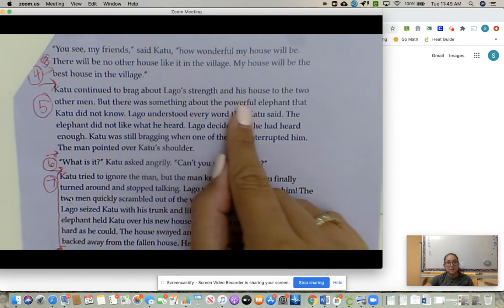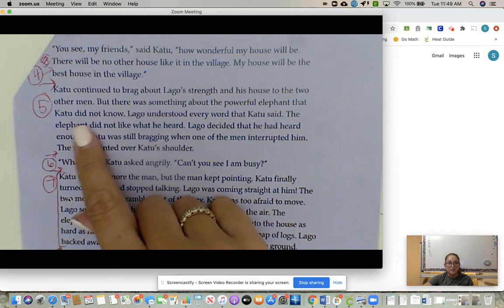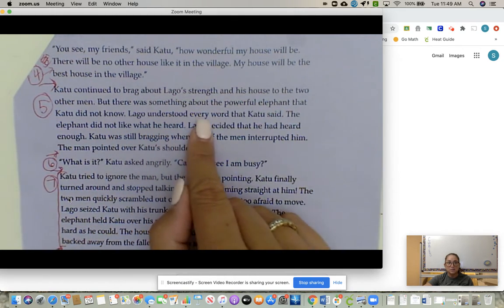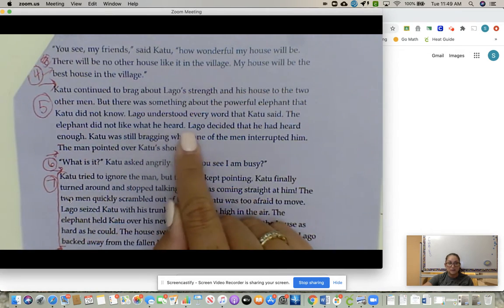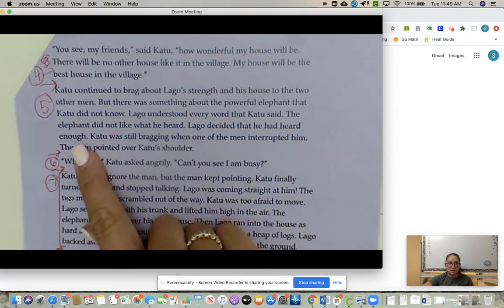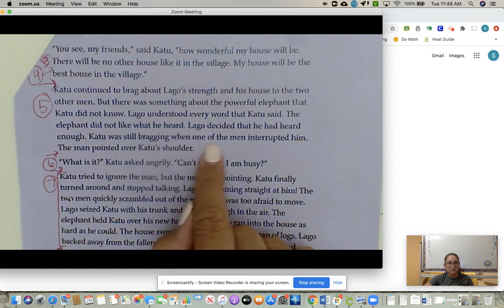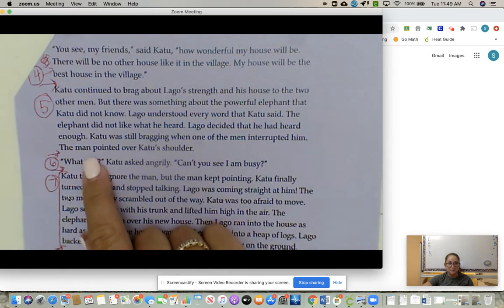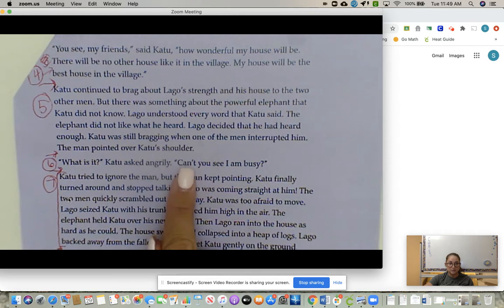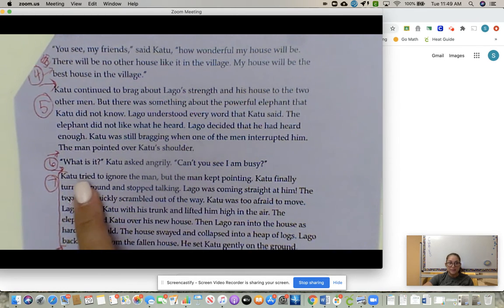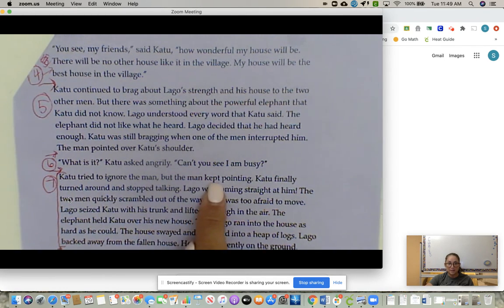But there was something about the powerful elephant that Cat 2 did not know. Lago understood every word that Cat 2 said. The elephant did not like what he heard. Lago decided that he had heard enough. Cat 2 was still bragging when one of the men interrupted him. The man pointed over Cat 2's shoulder. What is it? Cat 2 asked angrily. Can't you see I am busy? Cat 2 tried to ignore the man, but the man kept pointing.